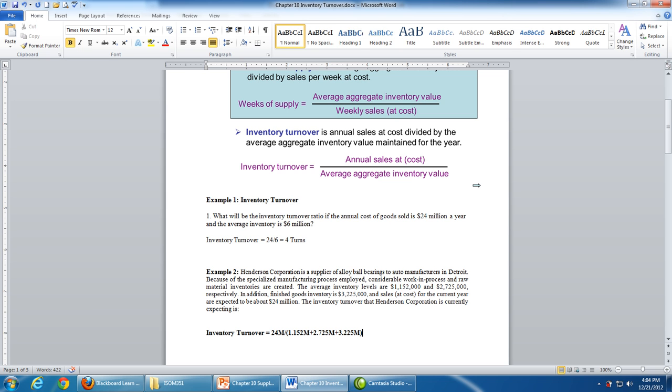Okay, all together. When you add them together, it's going to be equivalent to 3.38 turns. So inventory turnover is about 4 turns, which is quite low per year.